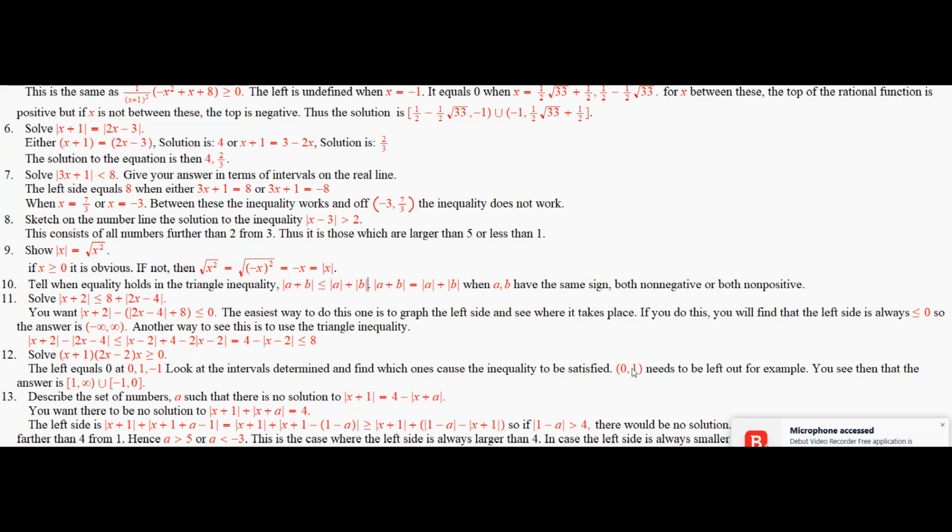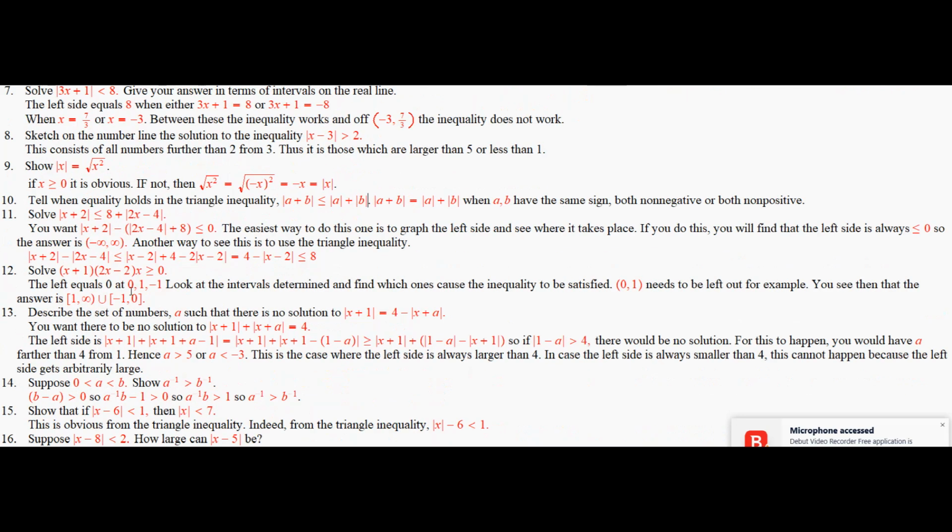If I put in 1/2, for example, which is in this interval, I get negative, positive, and positive. That would be negative. So I've got to leave that out. And I look at the other intervals and eventually find that this should be the answer right here. These are the intervals that work. Now notice how I include endpoints. It's because I have bigger than or equal here, not bigger than. See?